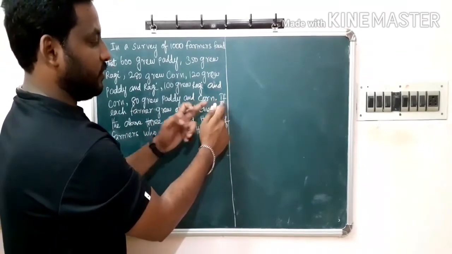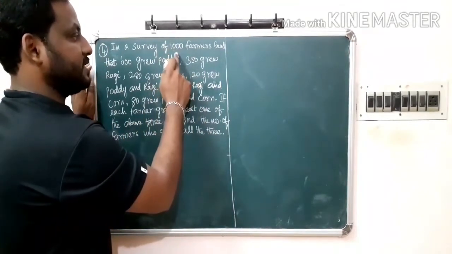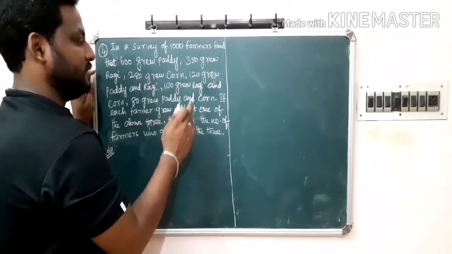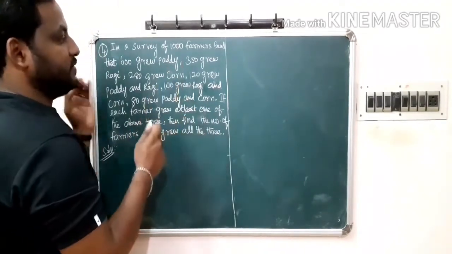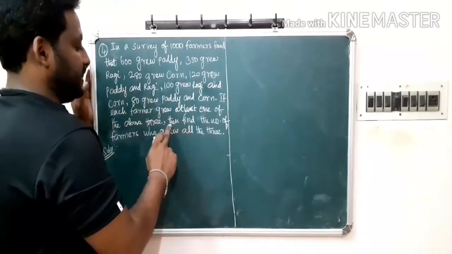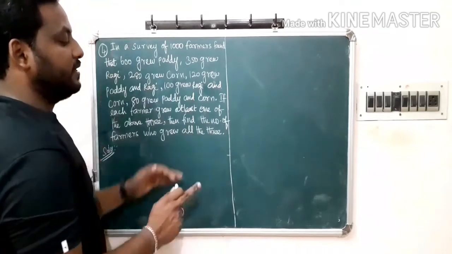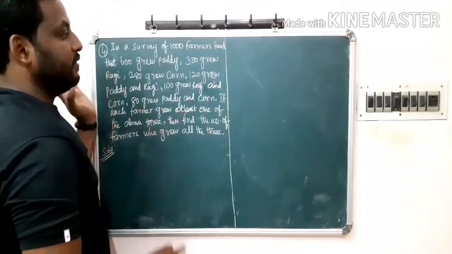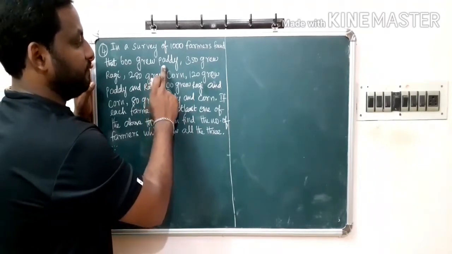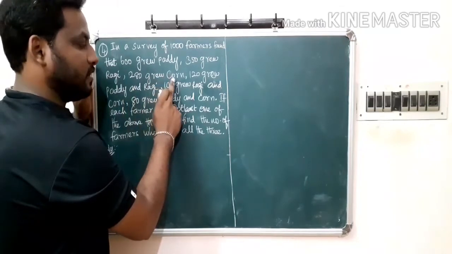This line is very important. If each farmer, so total number of farmers is 1000, grows at least one of the above three, which means paddy or corn or ragi, then we have to find out the number of farmers who grow all the three types of farm, which is paddy and ragi and corn.